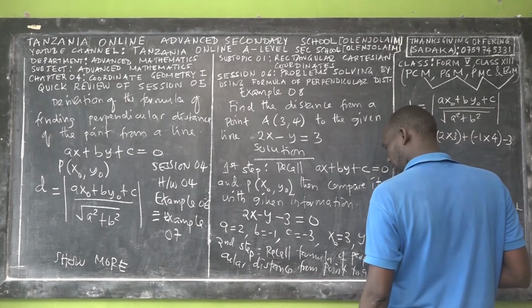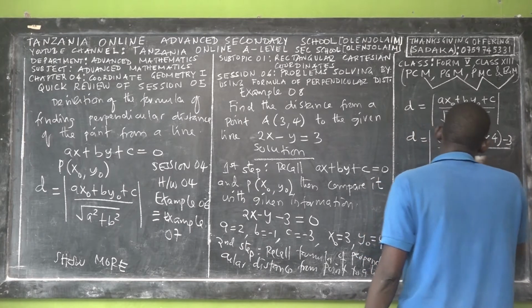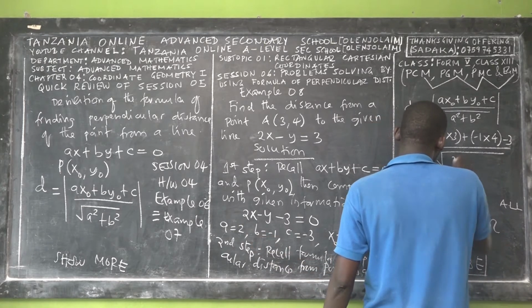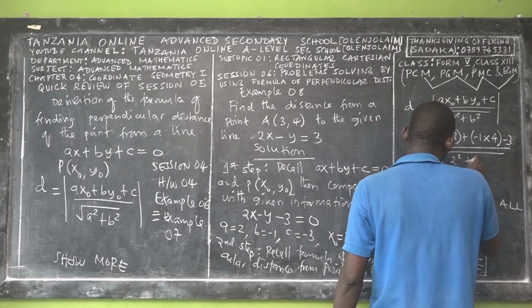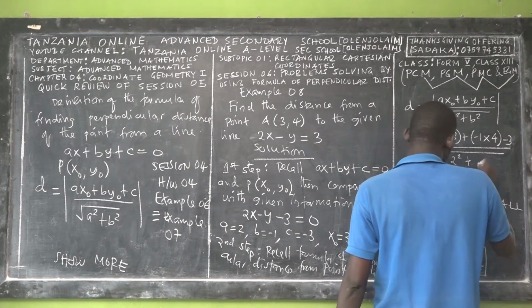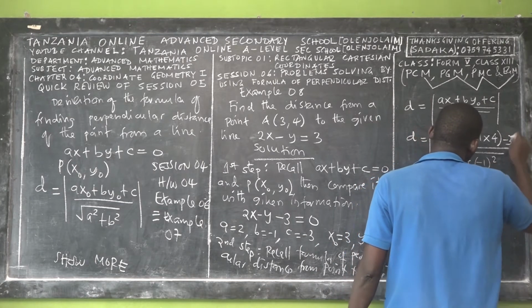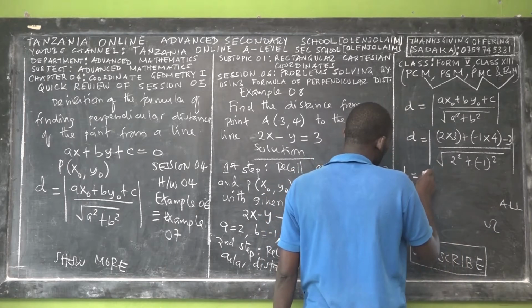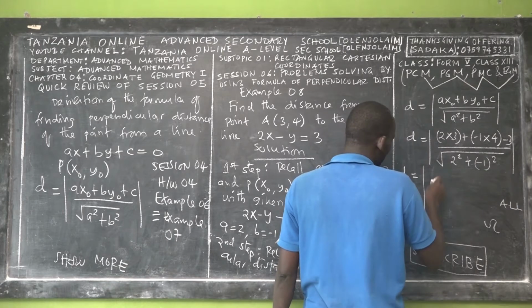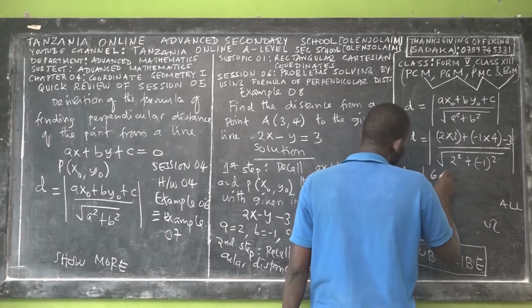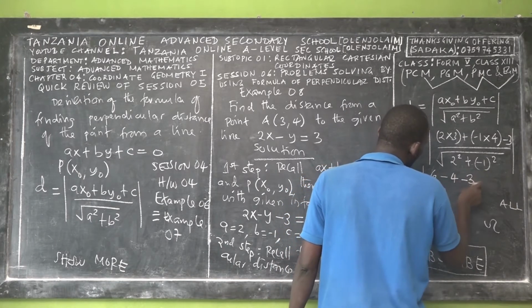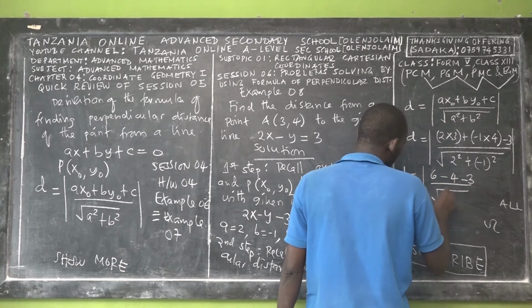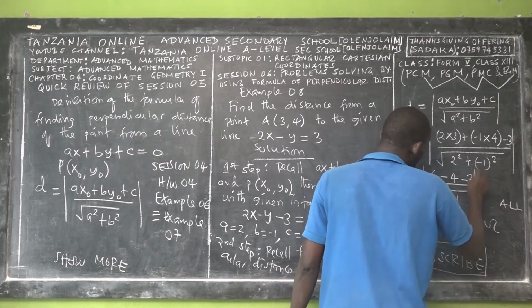Then this over the square root of a squared, with the value of a being 2 squared, plus the value of b being -1 squared. So the distance is equal to 2 times 3 is 6, then -4, then -3, over the square root of 4 plus 1.